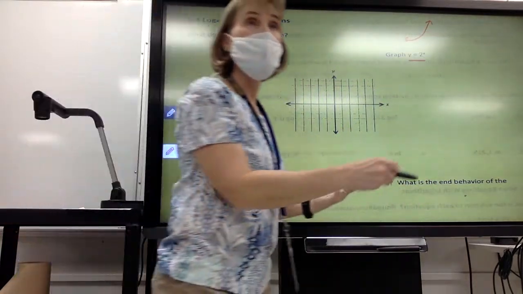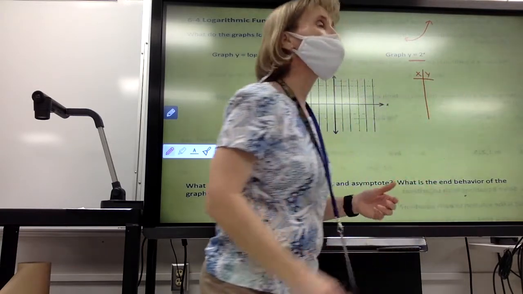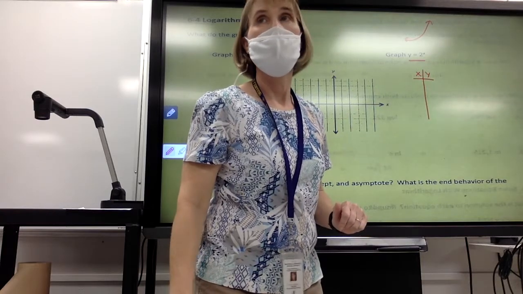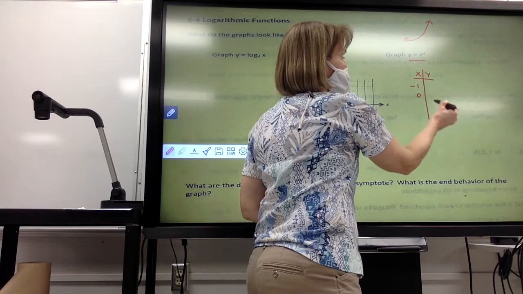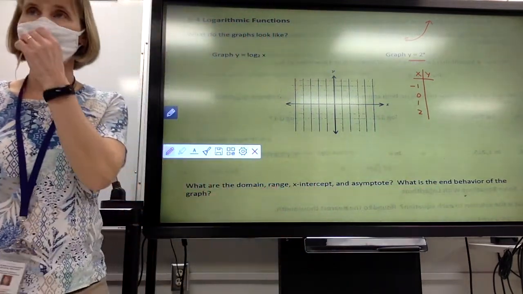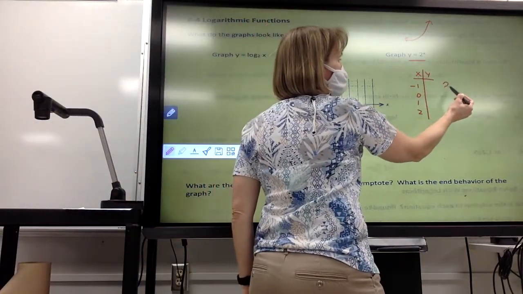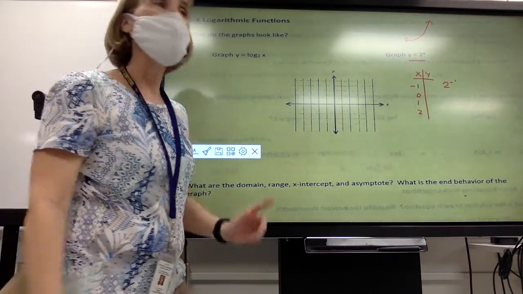But we made a table of values, right? We said x, y. What kind of values did we plug in for x? Negative 1, 0, 1, and then maybe 2, or we put in -2 if we needed more values. If I plug in a -1 and I say 2 to the negative first power, what does that equal? A half, that's right.